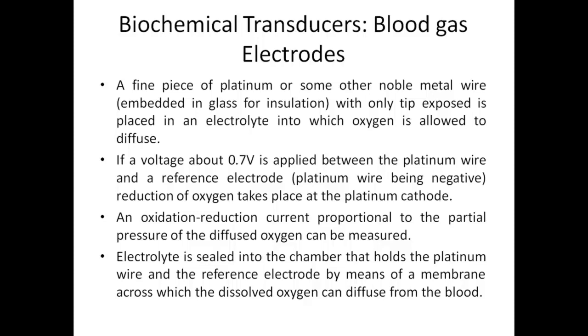As a result, the oxidation reduction current proportional to the partial pressure of diffused oxygen can be measured. The electrolyte is generally sealed into a chamber that holds the platinum wire and the reference electrode by means of a membrane across which the dissolved oxygen can diffuse from the blood.